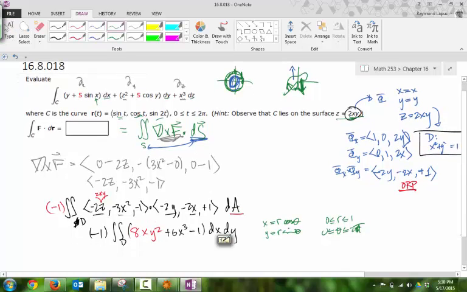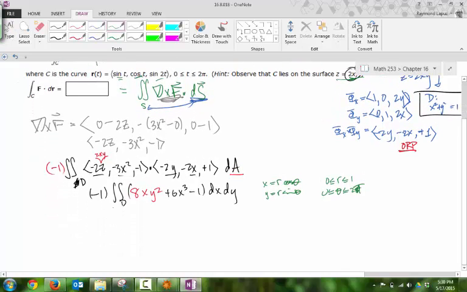So let's keep going. We have r, so that's r squared, and then there's an 8, so -1, double integral 8 r cubed.